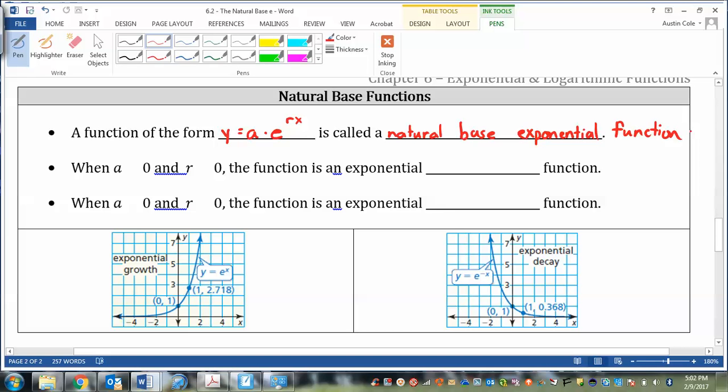It is essentially just going to be an exponential growth or decay function, but we're going to use e as our growth or decay factor.